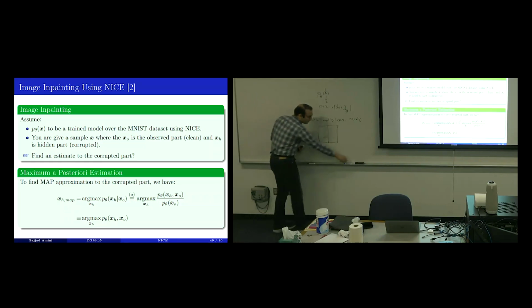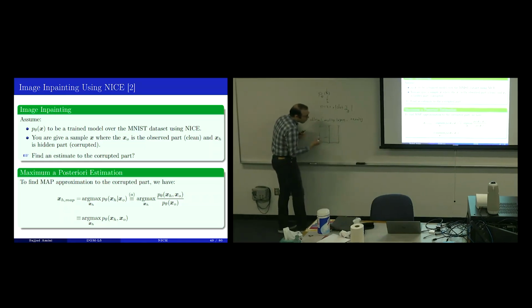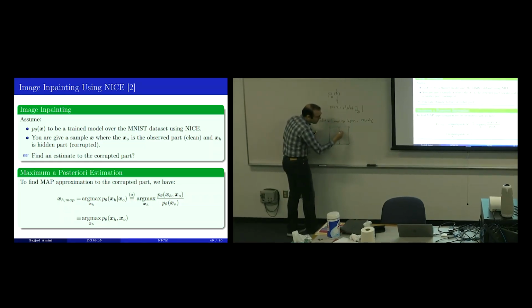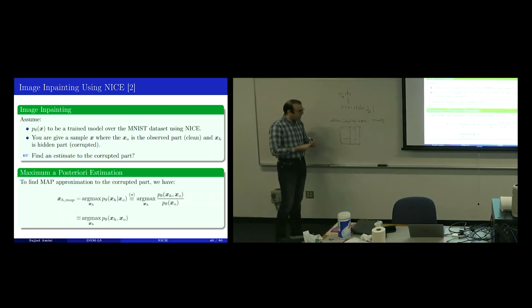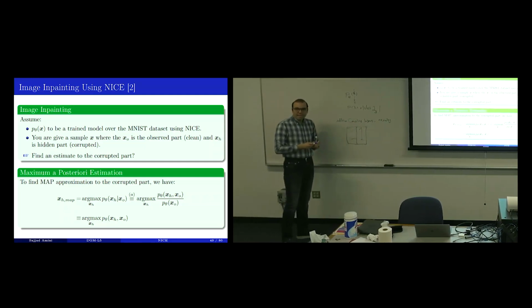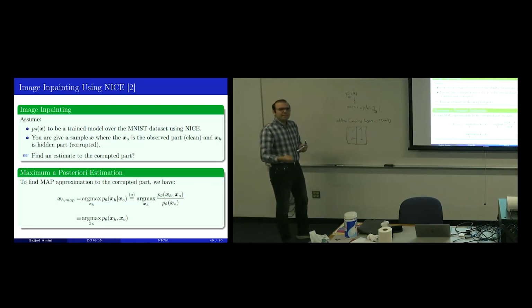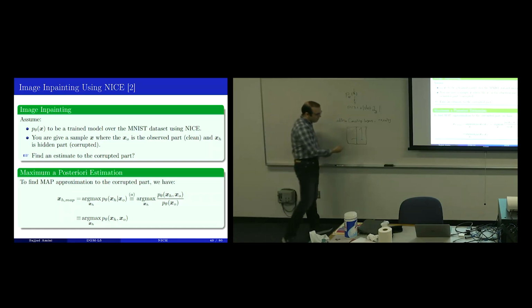That model can tell you, for example, whether this is a probable MNIST image or not. Why? Because it is trained over MNIST, it can understand the way that the digits are written.